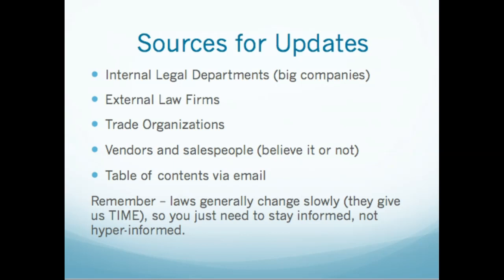But most companies aren't that big, right? The vast majority of people work for companies that are mid-sized or smaller. And a lot of them, if they are very regulatory intensive, have external law firms that do this research for them and report to them on a regular basis, weekly, daily sometimes. Here's your daily brief on the Federal Register, and you can subscribe to those services. Trade organizations are very good at telling you about new rules, proposed rules, and public notices.